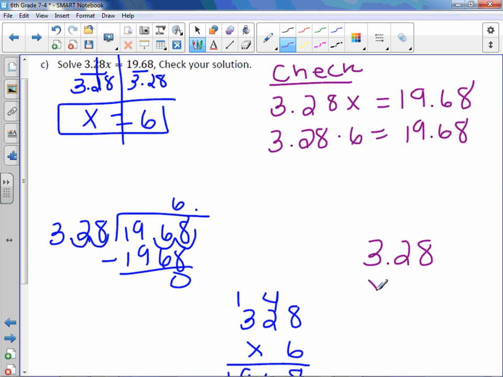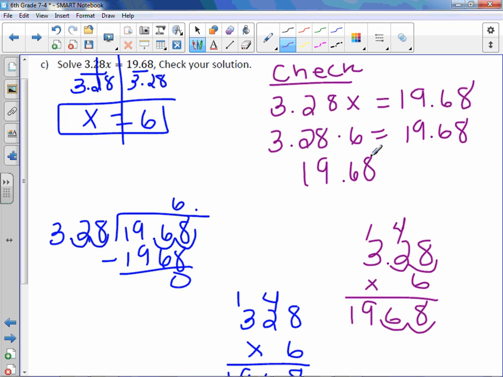I know we already did it, but let's do it to check. 6 times 8 is 48. 6 times 2 is 12, plus 4 is 16. 6 times 3 is 18, plus 1 is 19. And move over twice. We do get 19.68 equals 19.68. So 6 is correct.